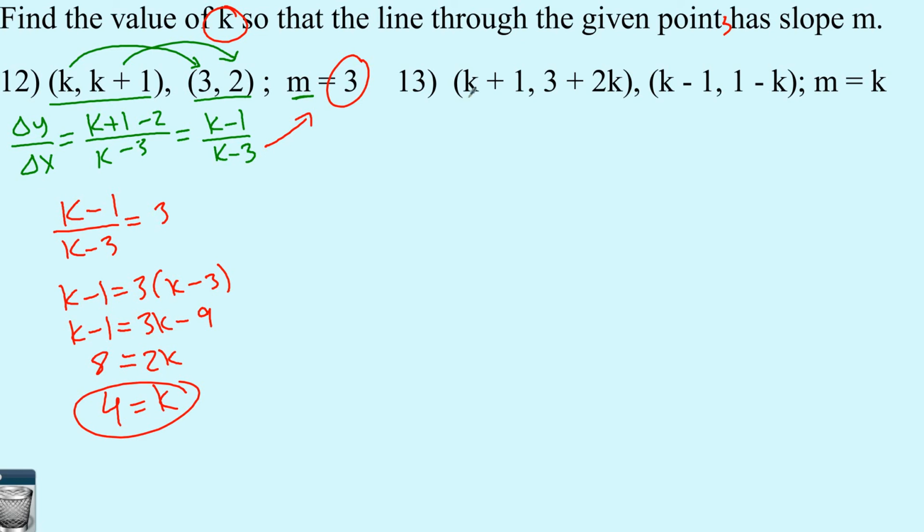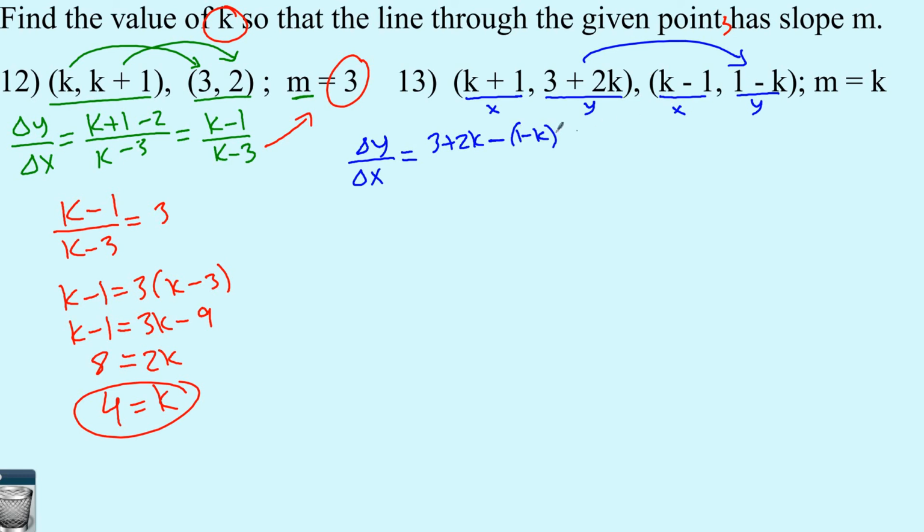So here I have my x and a y. I have another x and another y. So do my change of y over change in x. So 3 plus 2k minus this y. I'm going to put it in parentheses because I want to subtract all of it, not just the 1.